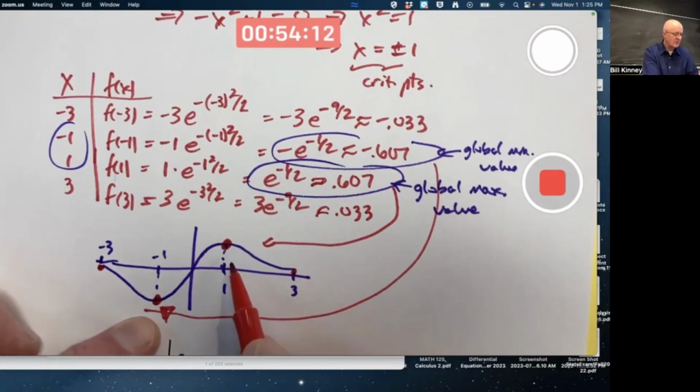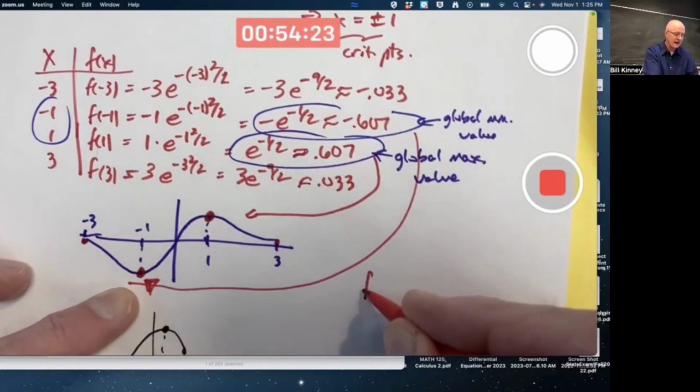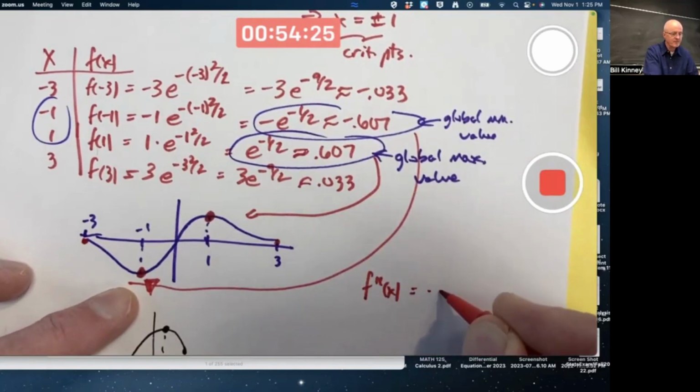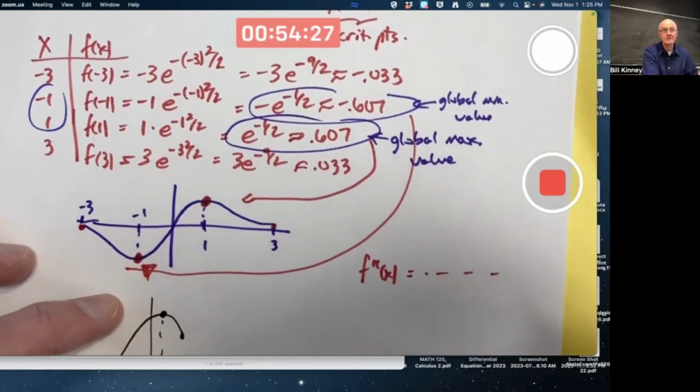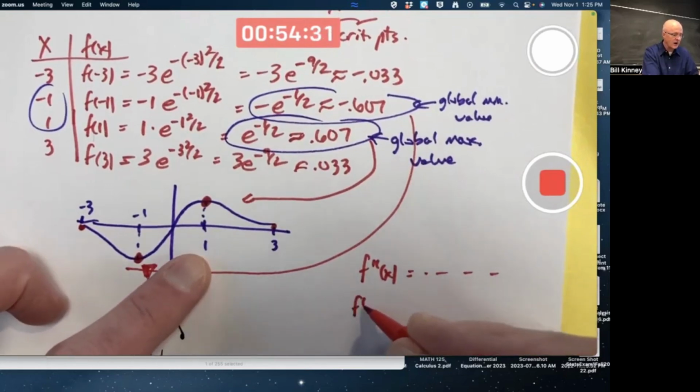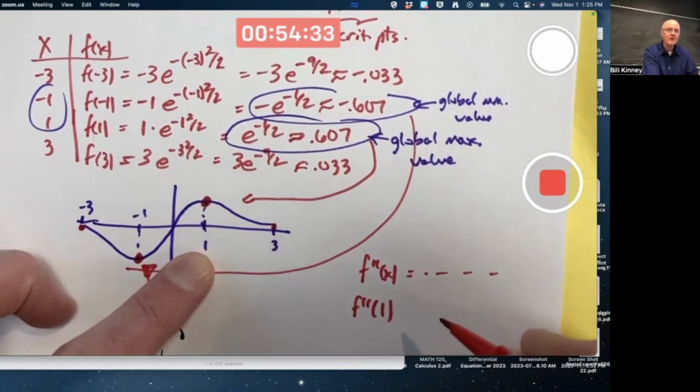If we wanted to confirm that these points were local min, local max, we could use the first derivative test like we did before, or we could use the second derivative test. We could find f double prime of x, whatever it turned out to equal. I won't bother doing it. If we plug in 1 into f double prime, what will we get?